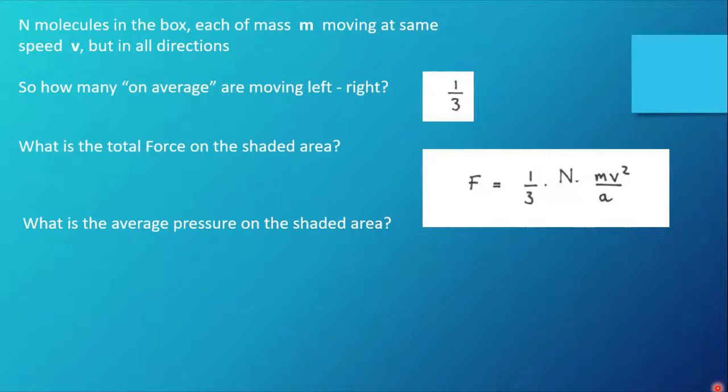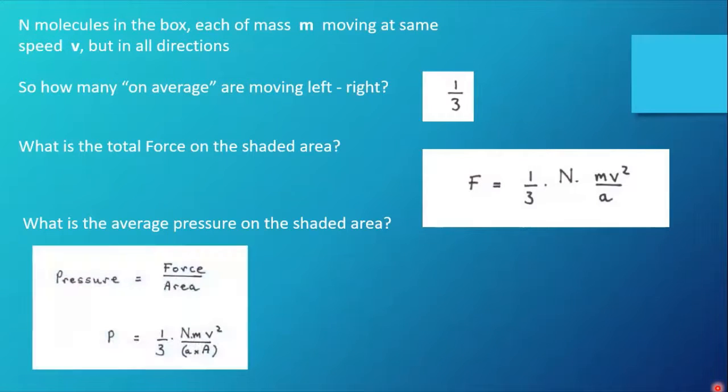And what's the average pressure on the shaded area? Pressure equals force over area. So that pressure P equals 1/3 nm v squared over, now we've got the little a coming over here, but this big A is the area of that shaded side.